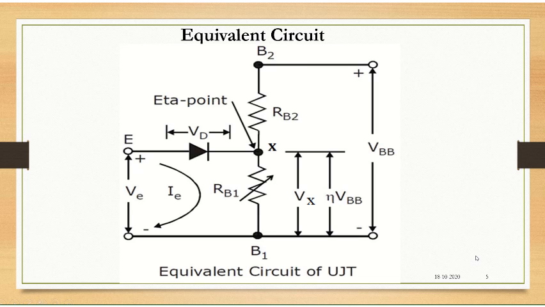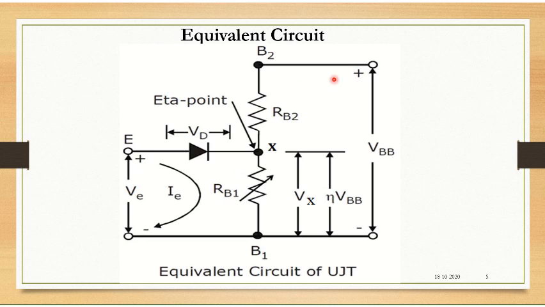This is the equivalent circuit, where the diode represents the PN junction, and the arrow in RB1 indicates that it is variable.